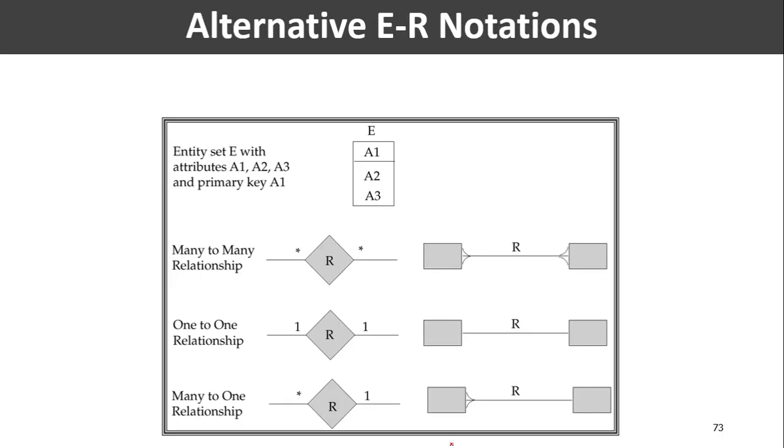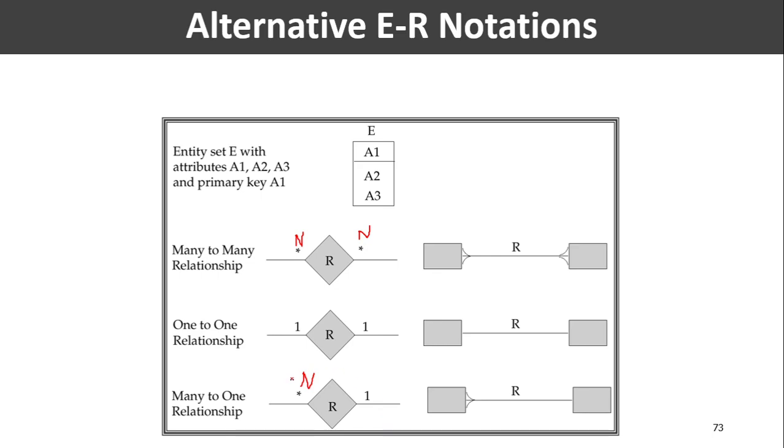Next, a few alternative ER notations are depicted here. We may write the many to many relationship symbol as star star on both sides of the relationship, or write many to many as n to n. Then one to one, and many to one or n to one, denoting n towards the many side and one towards the one side.